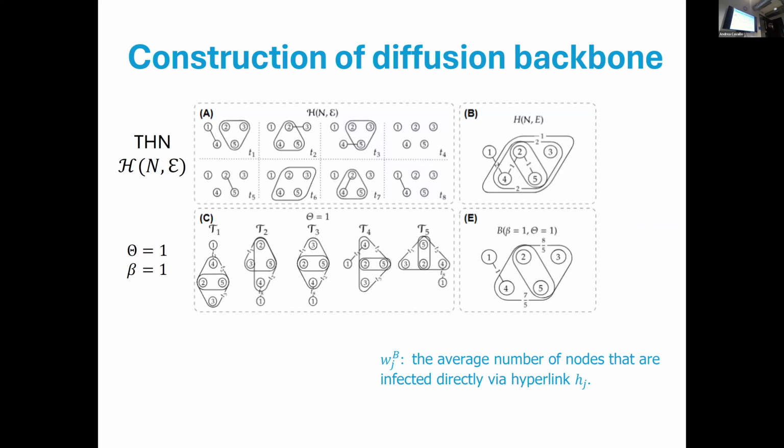Then for each seed node, we can construct a diffusion trajectory, so we have 5 trajectories in total. The diffusion backbone is then defined as the union of these 5 diffusion trajectories. Each hyperlink in the backbone is also assigned a weight, which represents the average number of nodes that are infected directly through the hyperlink.